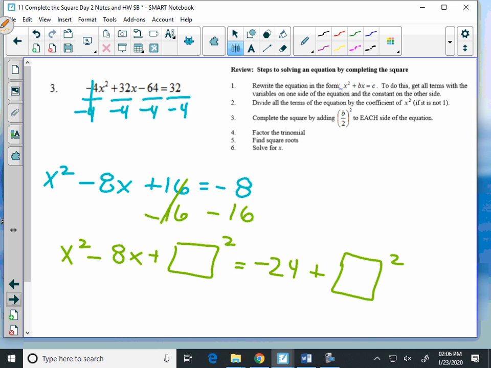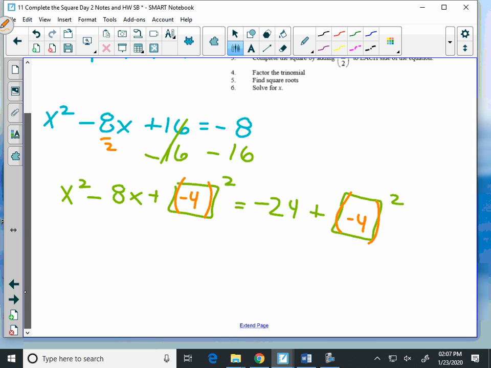What do we do with that middle number? Split it in half. Divide by 2. What's negative 8 divided by 2? Negative 4. And then make your parentheses.